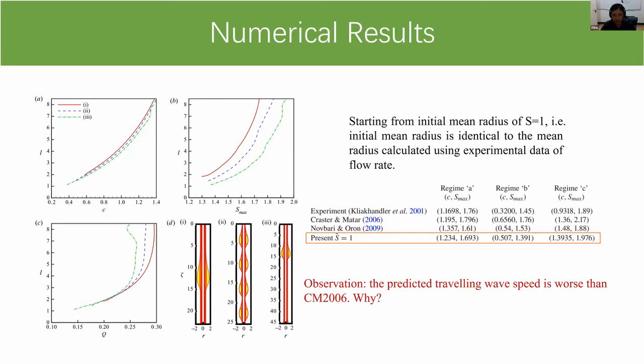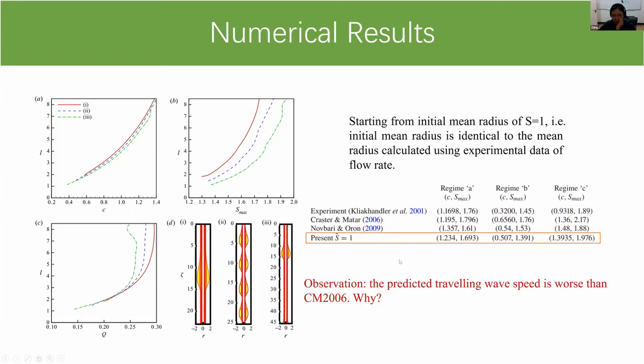This means the initial mean radius is identical to the mean radius calculated using the experimental data of flow rate. But unluckily, we found that the predicted wave speed, for example, for flow regime A and flow regime C, is even worse than the model equation proposed by Crest and Mata.